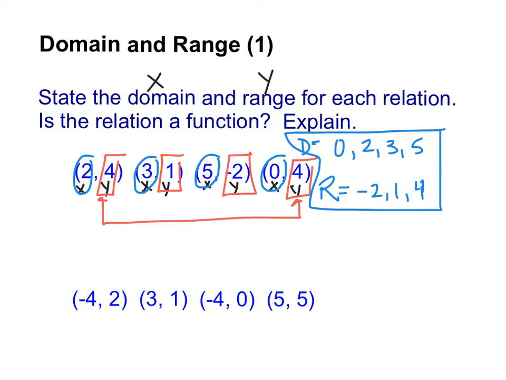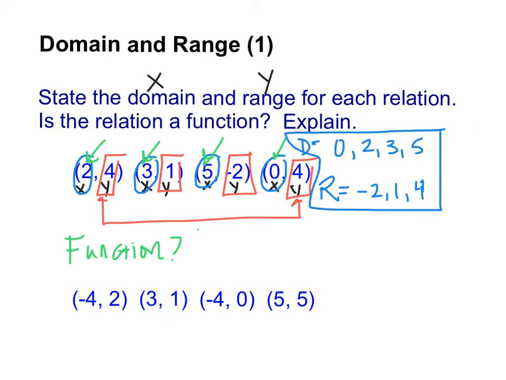Now, is the relation a function? Remember, to tell if it's a function, from our intro video, we saw that you really have to focus on the x values. If x values repeat, that's bad, not a function. If x values do not repeat, then it is a function. So let's look at our x values. We had a 2, a 3, a 5, and a 0. Those are all different x values.